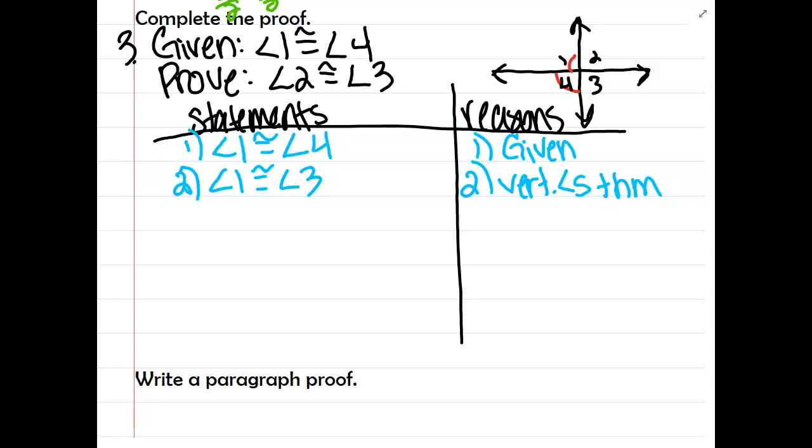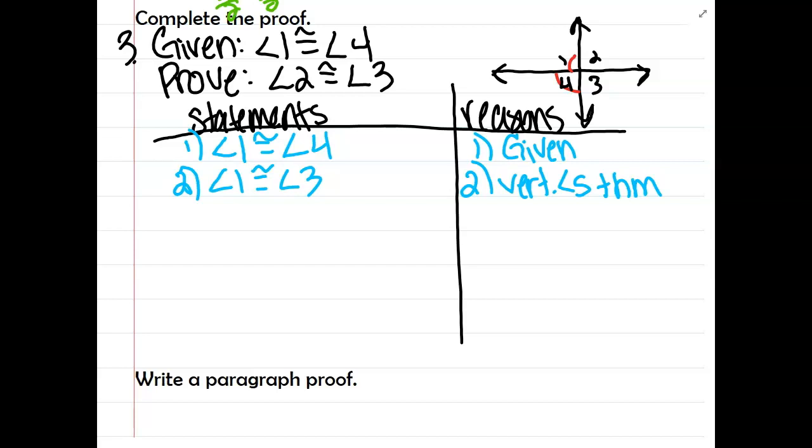Now, taking you through the thought process, if you can go back and tie those two steps together in any way, we want to do that. So if angle 1 is congruent to angle 4, and angle 1 is congruent to angle 3, what could I say? Before we do that, I want to see if I can tie these together.